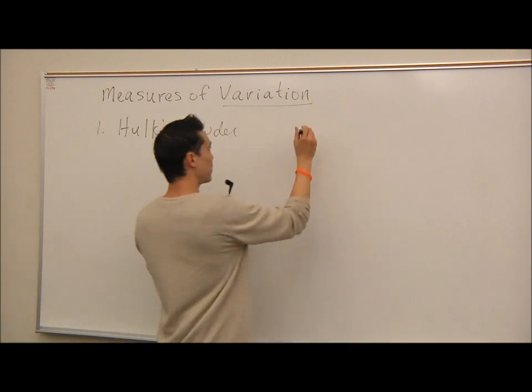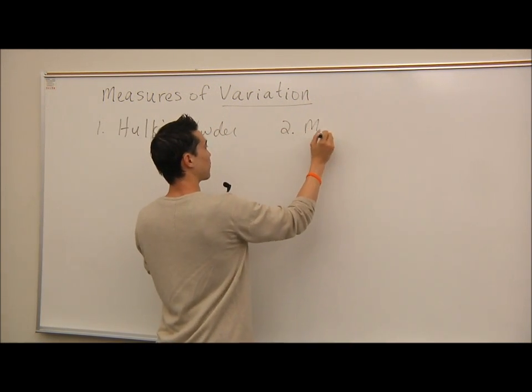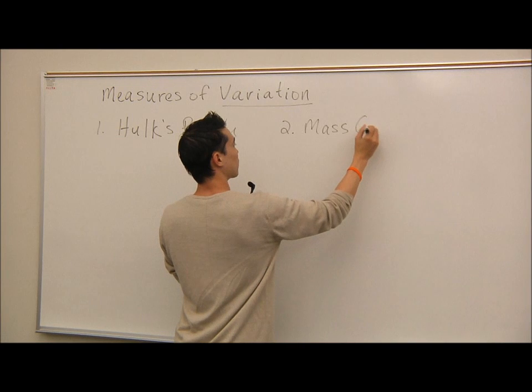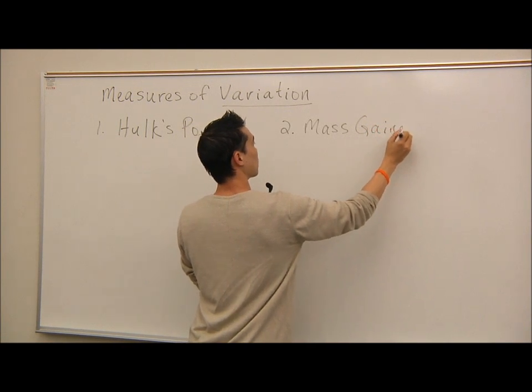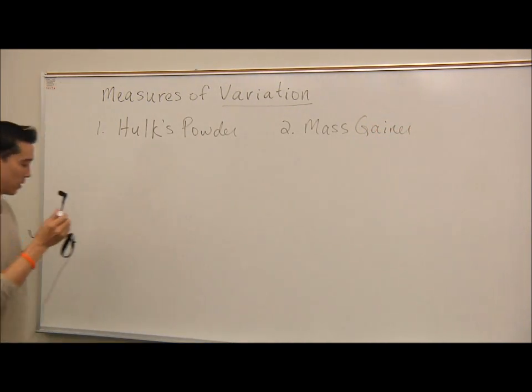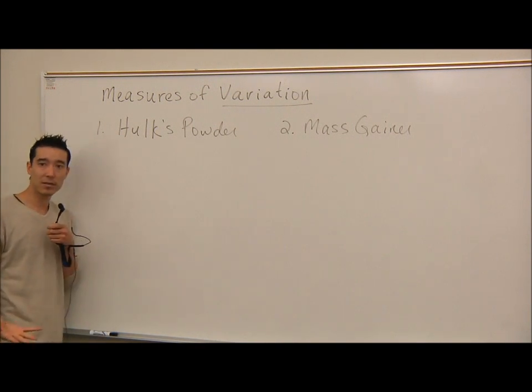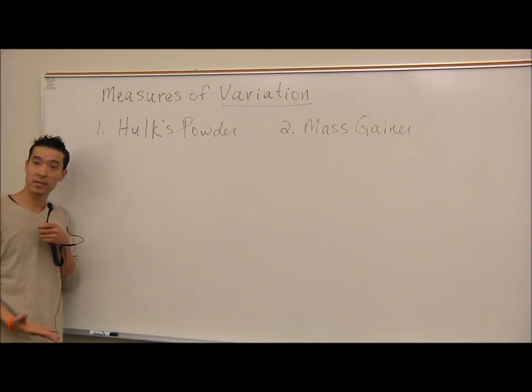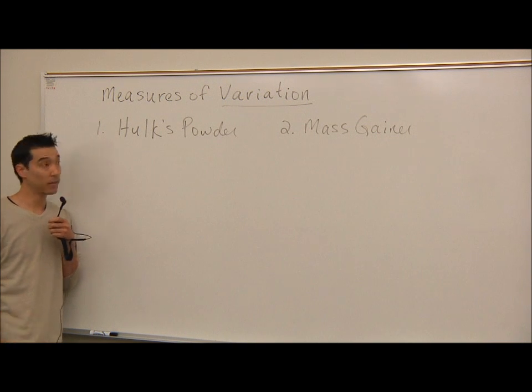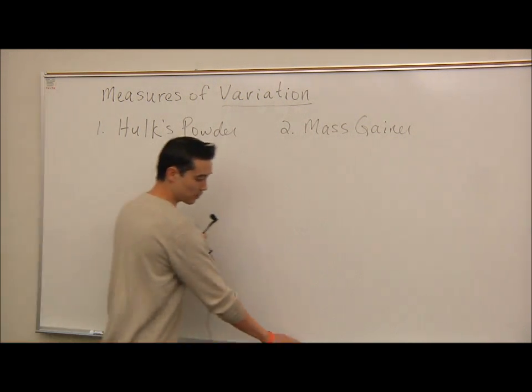And the second supplement is called Mass Gainer. All right. Now let's say I have access to a small sample of people that have used each of these and their results, okay? So let's take a look at a small sample here.